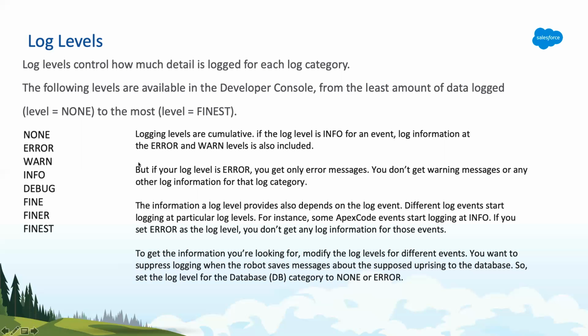So, for example, let's say in production you have 100K records to be processed, and if you open up the finest logs, then it will take some more time to finish up the job. So normally we set it to debug or info.